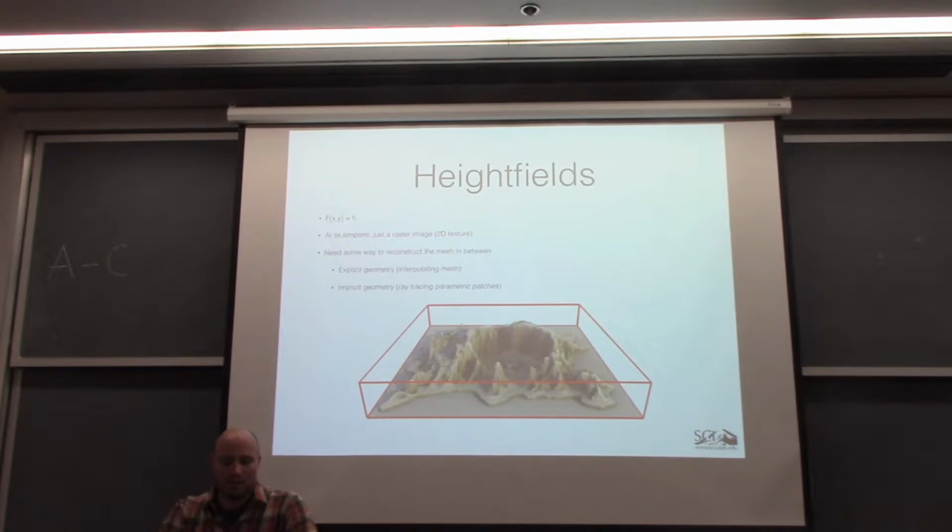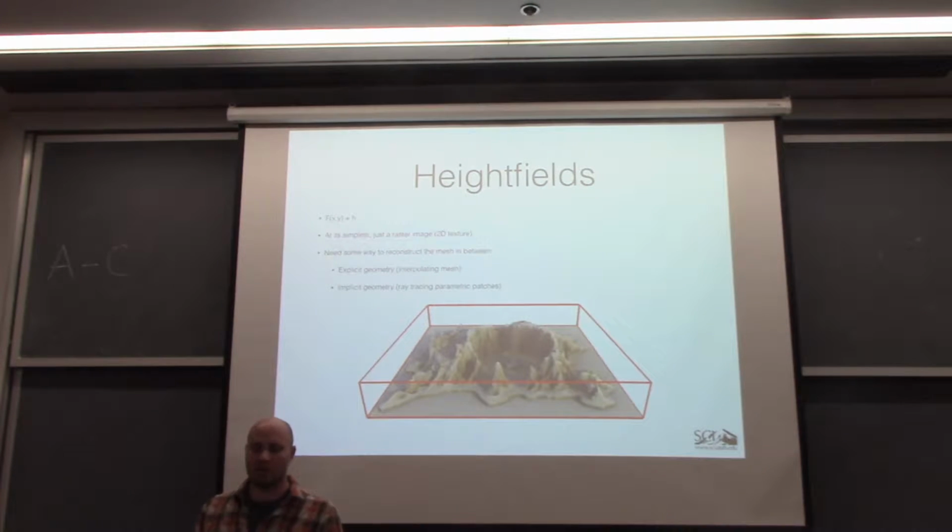So anyway, a height field is really a 2D implicit. It's some f of x,y equals h, where h is the height. This can be represented very simply by a raster image, like a grayscale 2D texture. And what you want to do is not just show that 2D texture, but have some way of reconstructing a mesh from it.